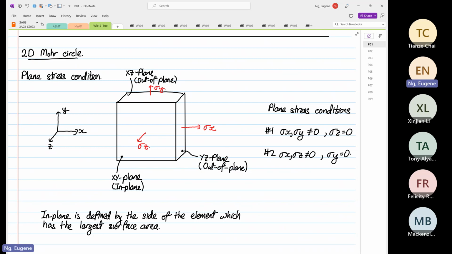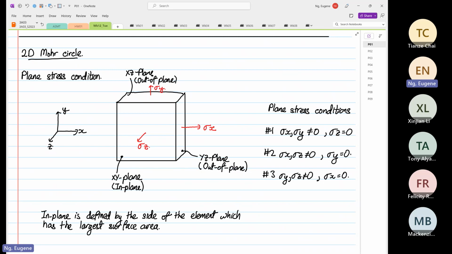And then the third condition is where stress Y and stress Z are not equal to 0, where stress X is equal to 0. If any one of these conditions is met, it's what we call a plane stress condition.